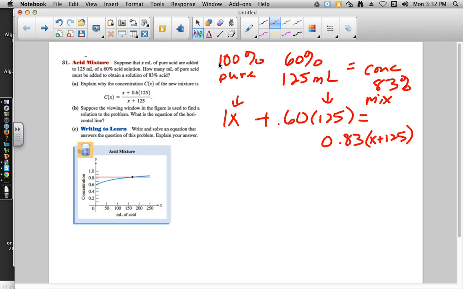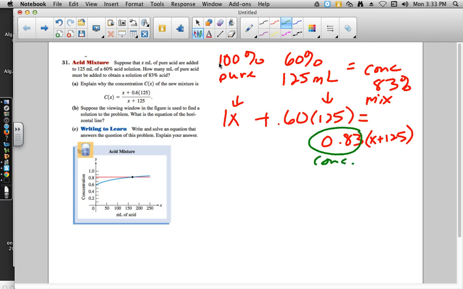added to that. So for A, it says explain why the concentration C of X of the new mixture is C of X equals X plus 0.6 times 125. And that is divided by X plus 125 because this is the concentration.